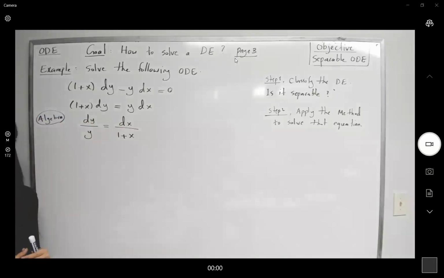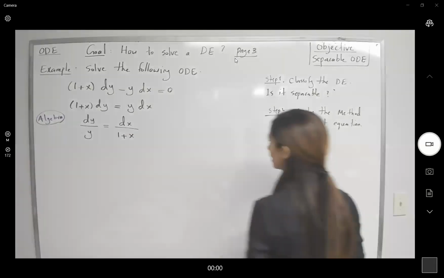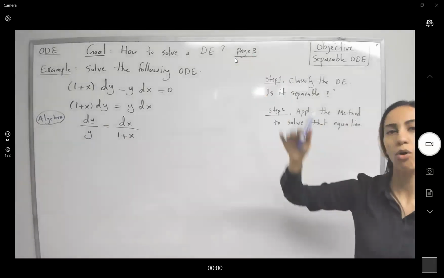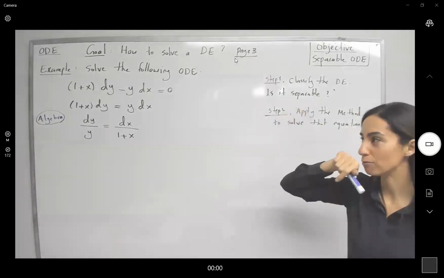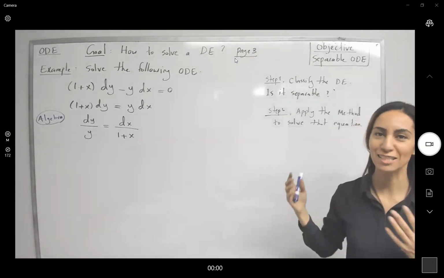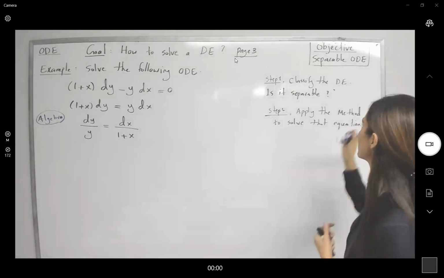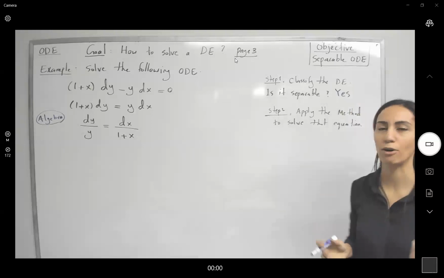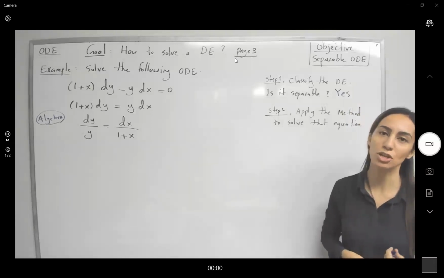Now, is this a separable differential equation? As you can see, you have dy divided by y, or 1 over y dy on one side, and dx times 1 over 1 plus x on the right-hand side. So as you can see, we have a separable differential equation. So how to solve this separable differential equation?